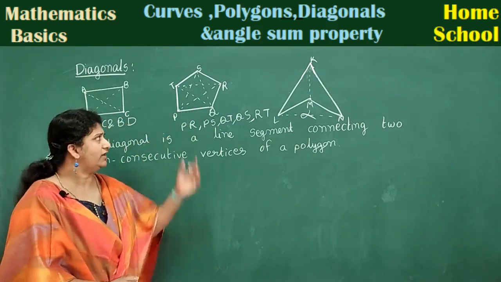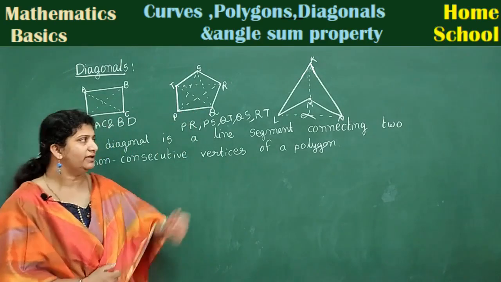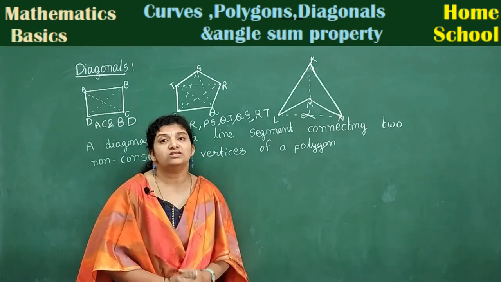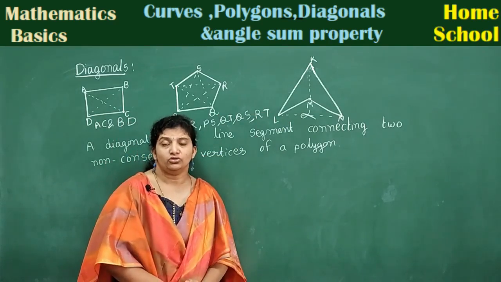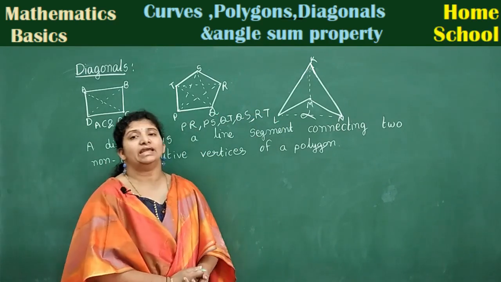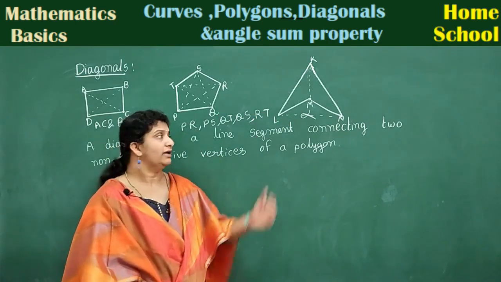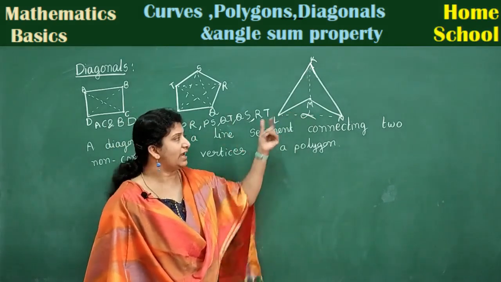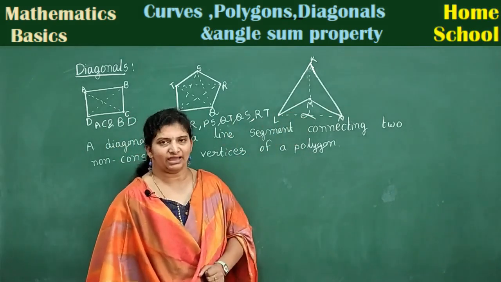No, DC is a side. PQ is also a side. And what about LN? Is LN a diagonal? No, it is not a diagonal. Though you may say it is a diagonal, it is not in the interior part of the polygon. It is in the exterior part of the polygon. I cannot say this is a diagonal.